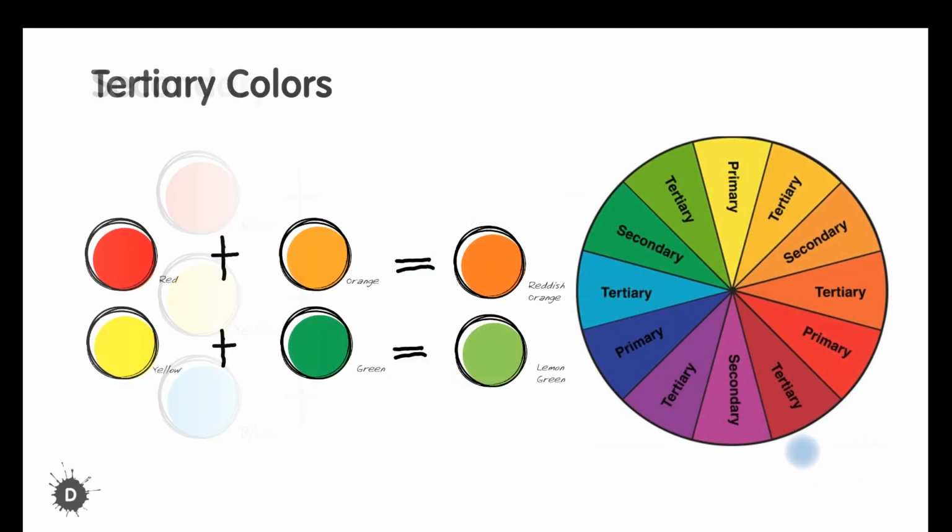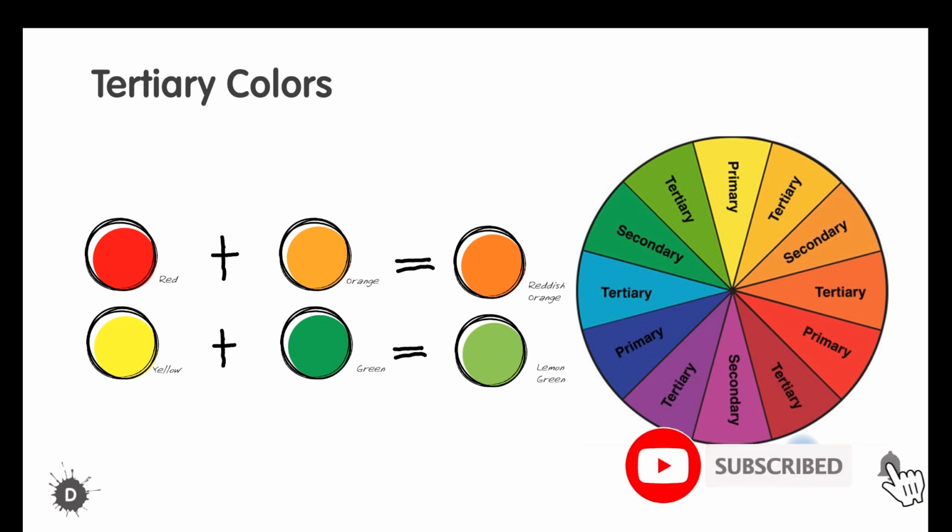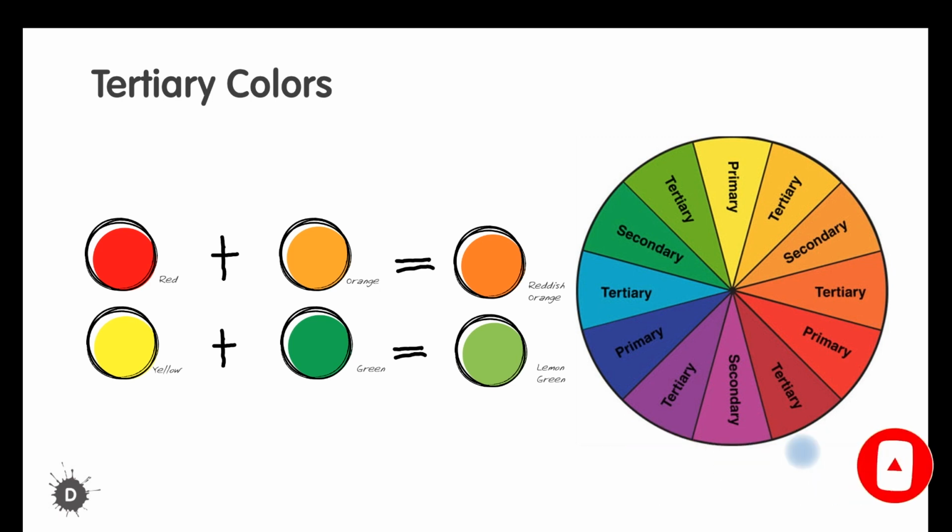These are the combination of a primary and a secondary color. So red plus orange gives us reddish orange. The tertiary colors are made by mixing equal parts of one primary color and one secondary color.